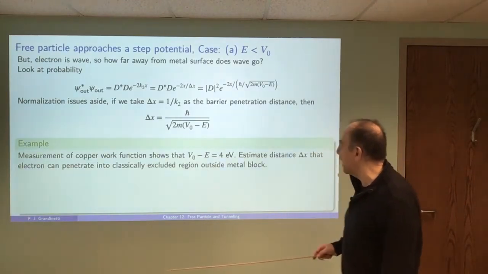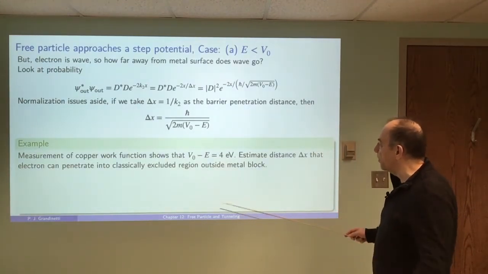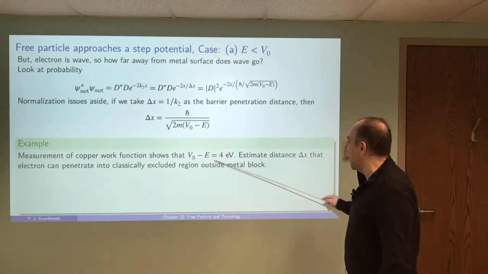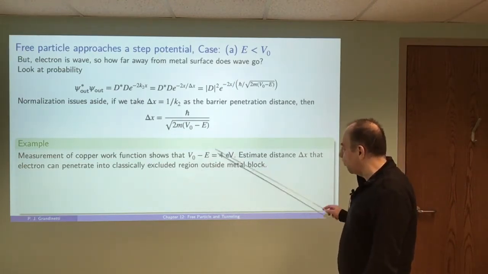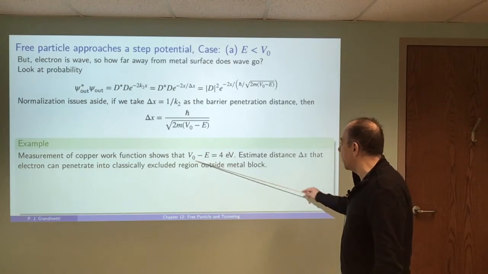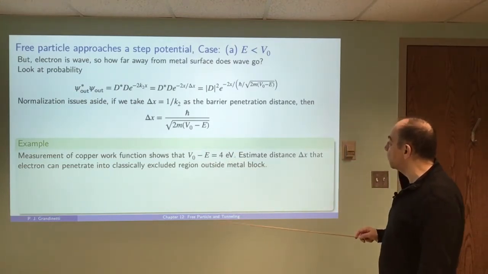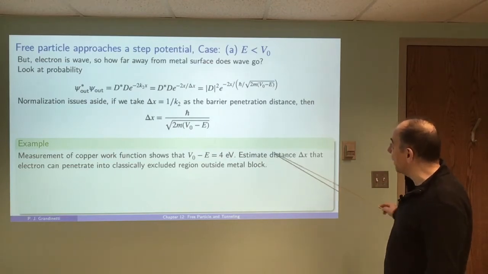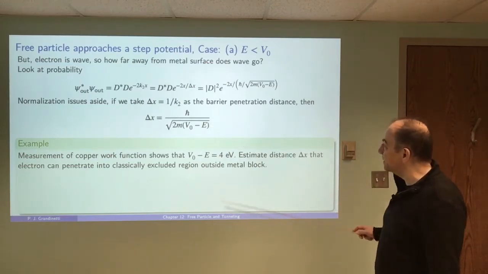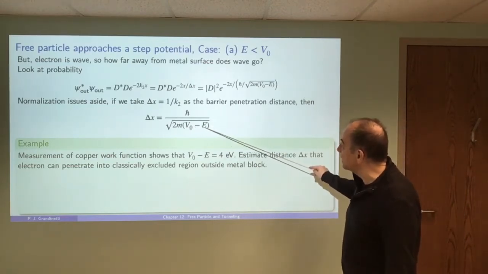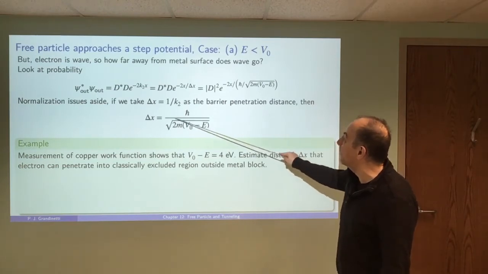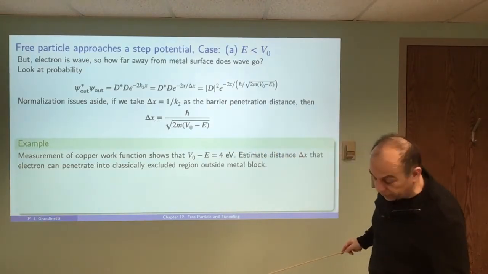If I take something like a copper metal, which has conduction electrons with some total energy, the difference between the barrier and the total energy is 4 electron volts. We can estimate, based on this equation, what that distance is. You can see that as the total energy gets closer to the potential barrier, it extends further and further.